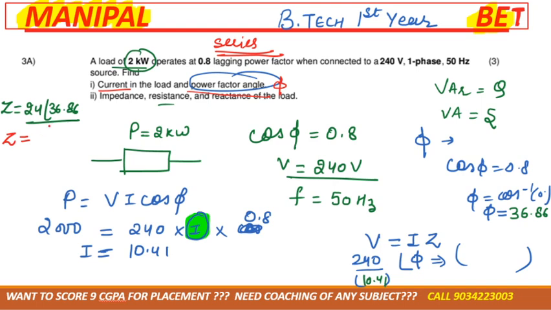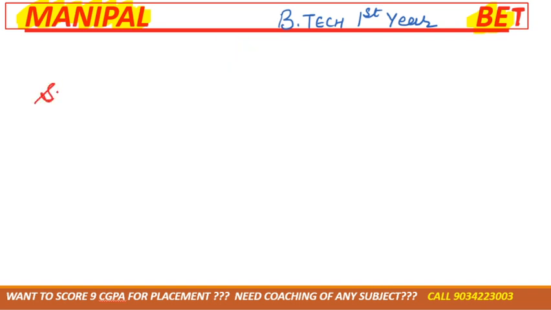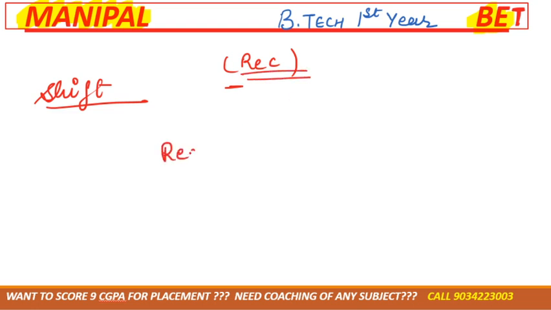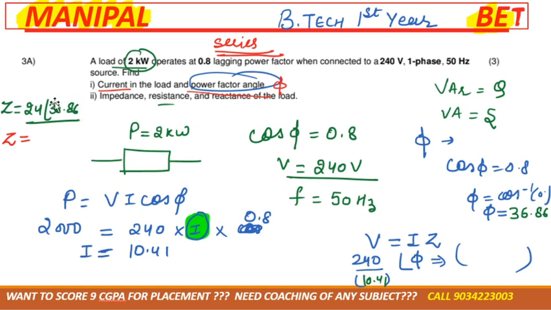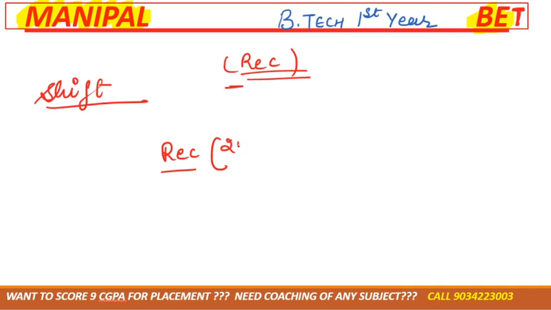How will you convert this polar to rectangular form? By using a calculator. Take out your calculator, press shift, then minus. Above the minus you will see a tick. In whichever form we want to convert, we need to write that. We want to convert it into rectangular form, and the number is 24 and 36. So in brackets write down 24 comma 36 point.